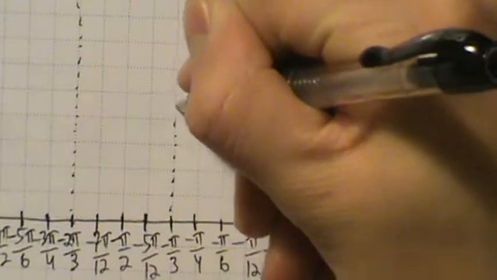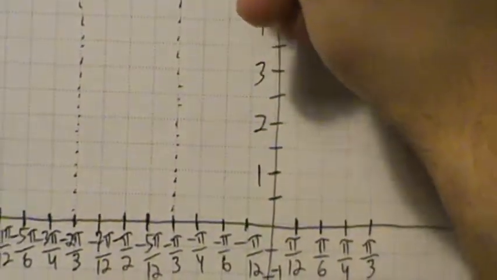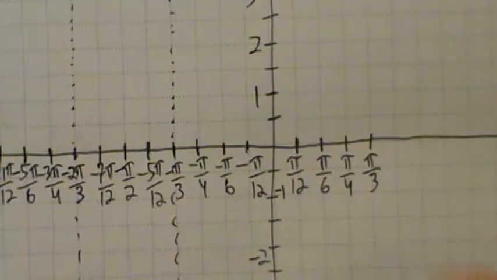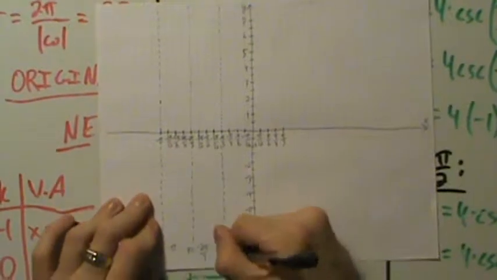Okay, so that's this right here. And come back down also. Okay, so let's zoom out a bit. Okay, so this is x equals negative pi over 3. Okay, so we can always label our vertical asymptotes so that we can be clear and thorough.